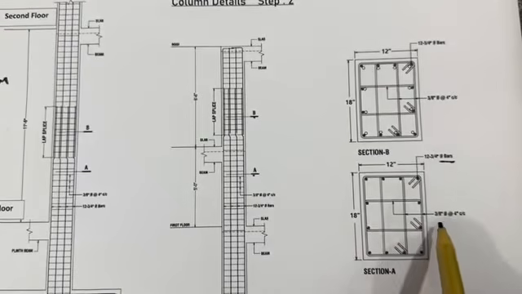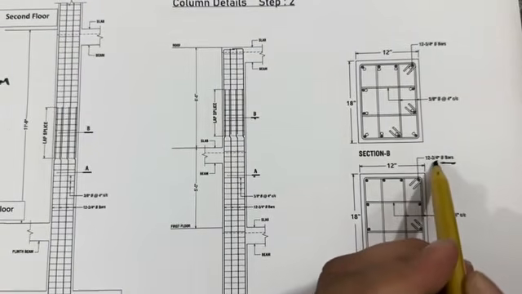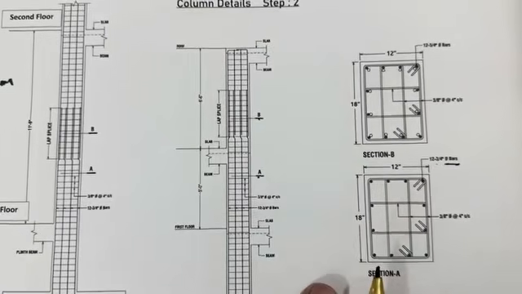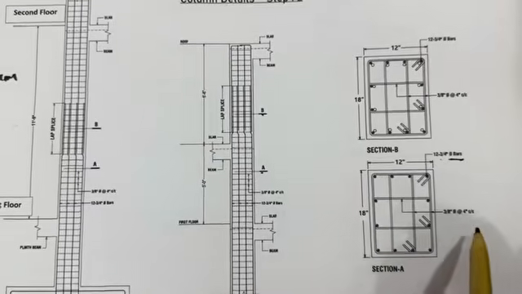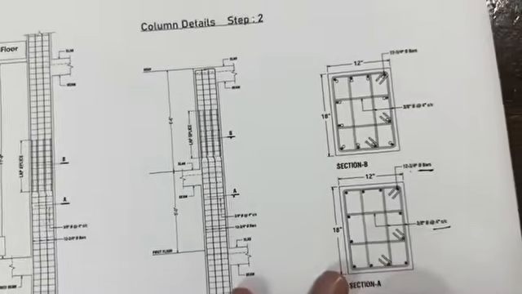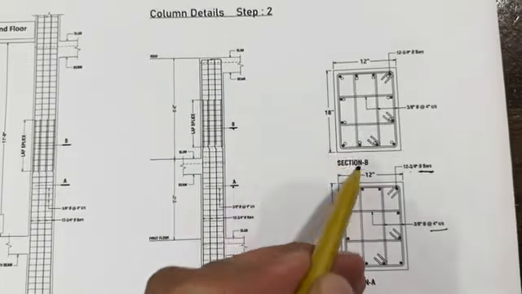On the other side, this is a 3 by 8 bar, because this is 3 suture, and here this is 6 suture. Therefore, the spacing is 4 inches center to center.